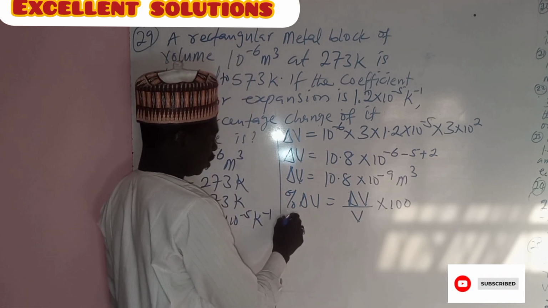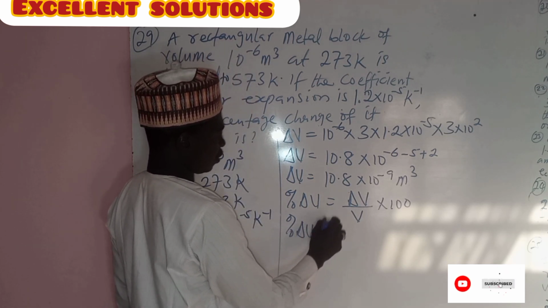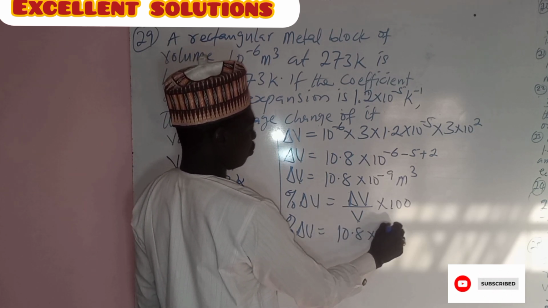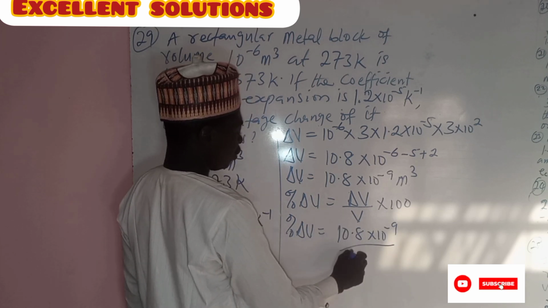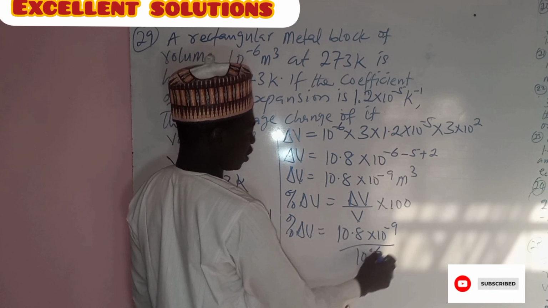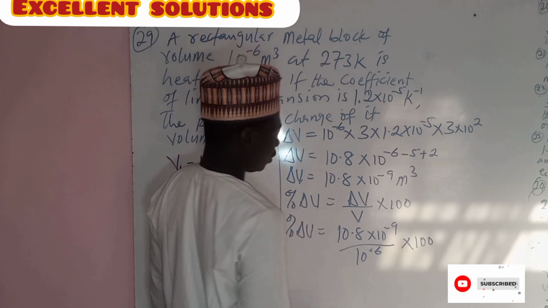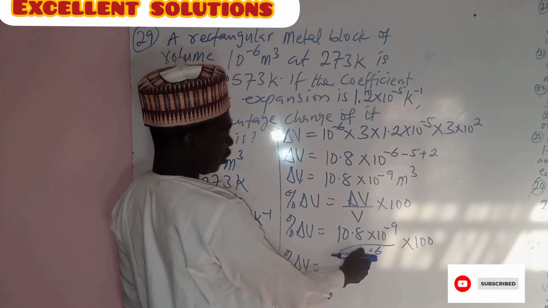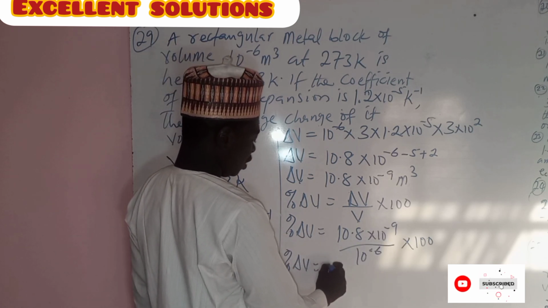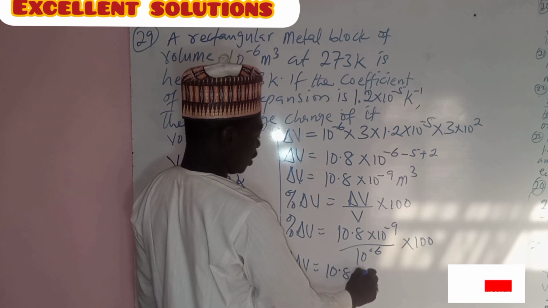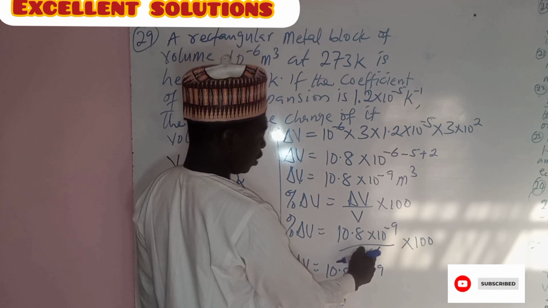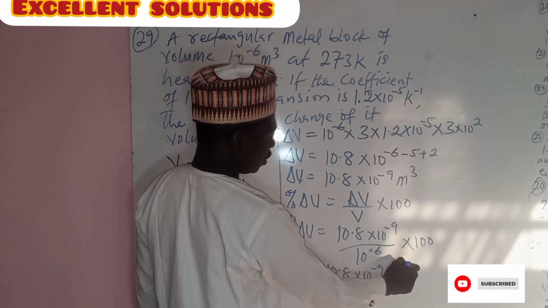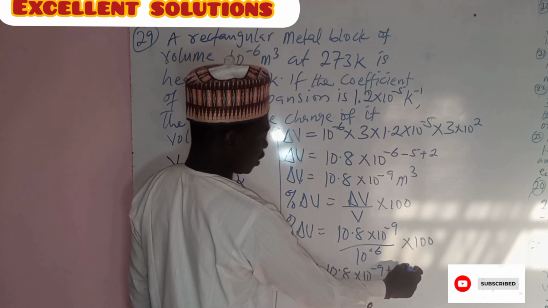So this now becomes percentage delta V equals dV, we have 10.8 exponential minus 9 over V, which is 10 exponential minus 6, then multiply by 100. So percentage delta V is now equal to, if this power goes up, this is the same as 10.8 exponential minus 9. This one goes up, is now plus 6, then plus this 100 is the same as 10 exponential 2.